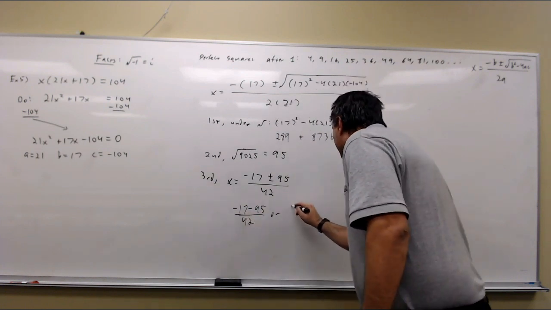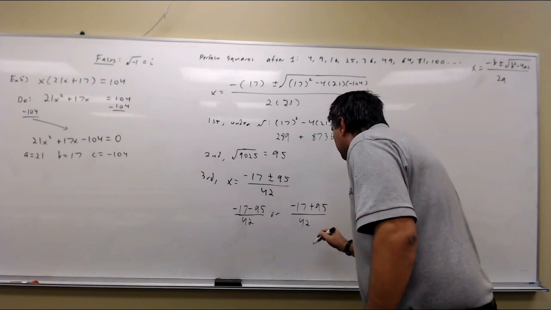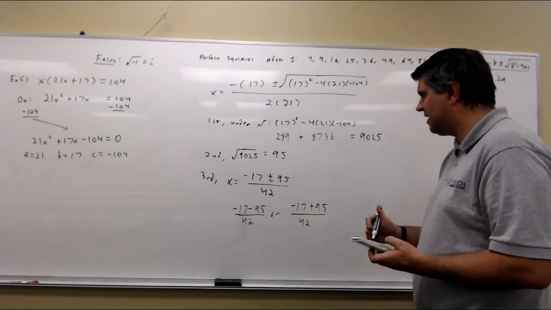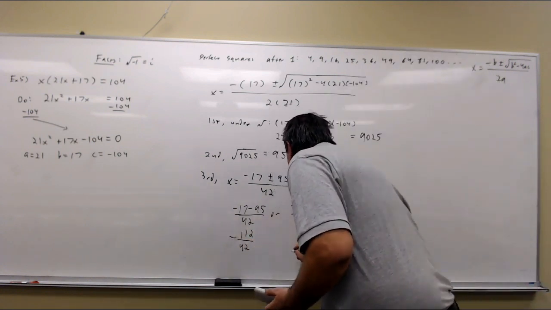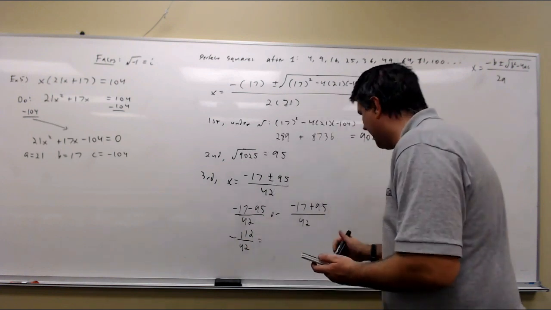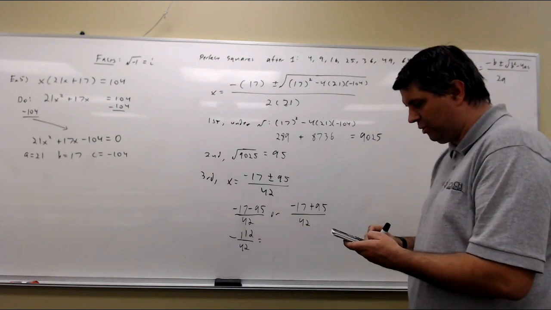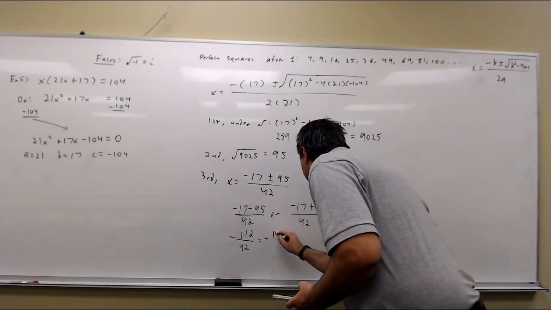Negative 17 minus 95 is negative 112 over 42, which reduces to negative 14/3.